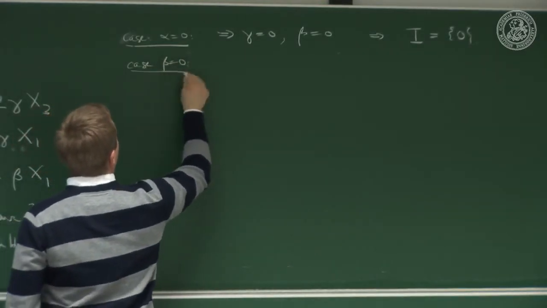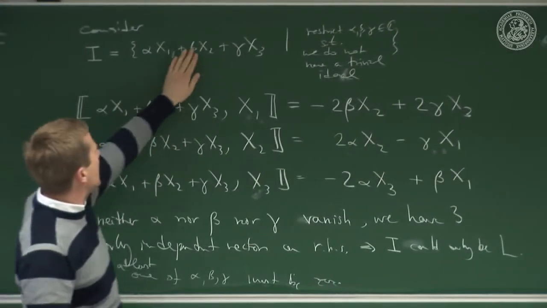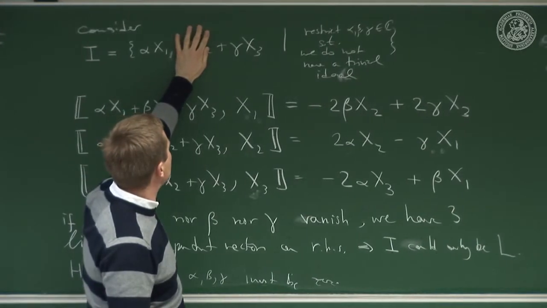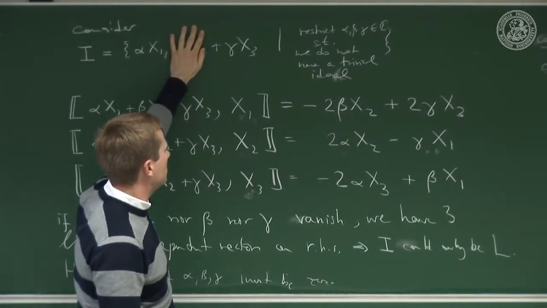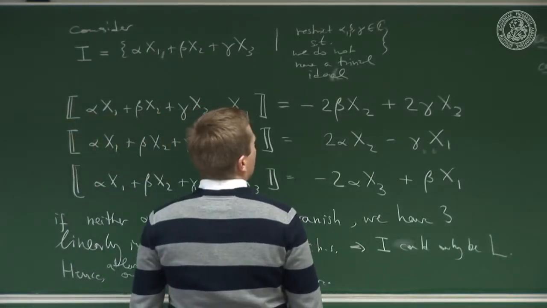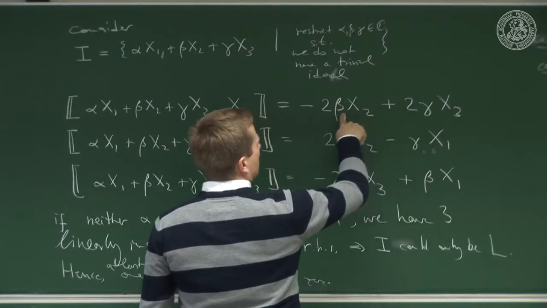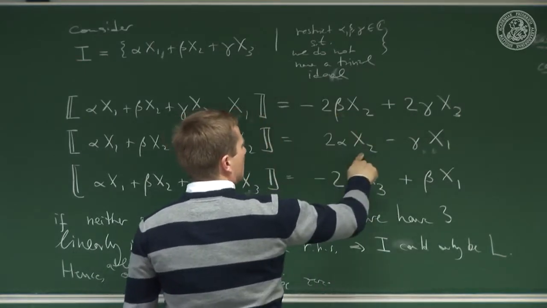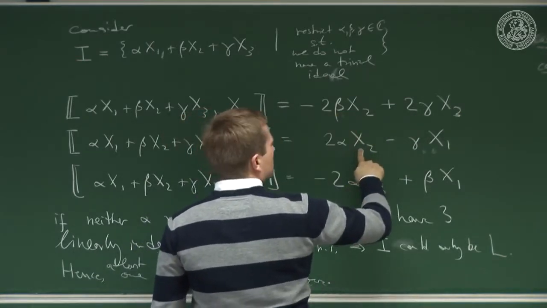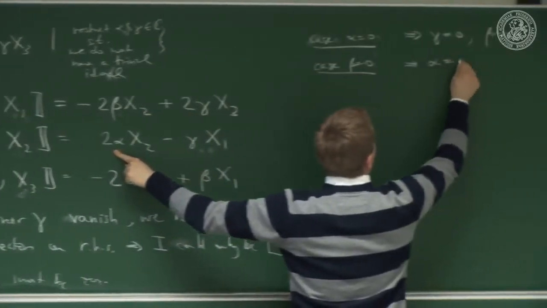Now, let's say beta is 0, same game. If beta is 0, then the I must be just the x1, x3 plane or a subset thereof. And if we look at that, 1, 3, this one needs to go, well, that already goes. 1, 3, this is in the way, so that means we need alpha equals 0.